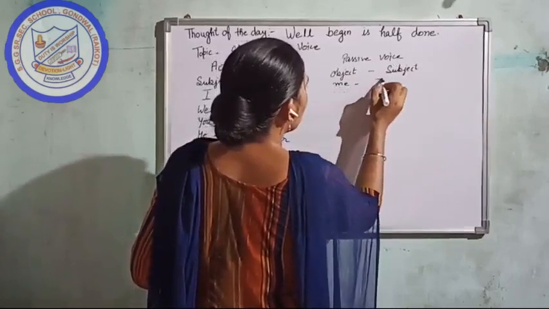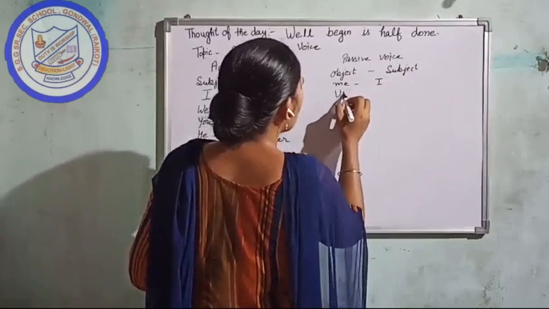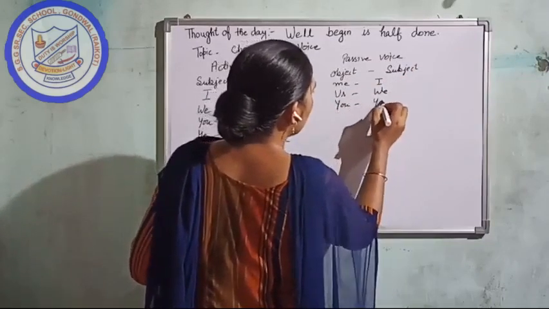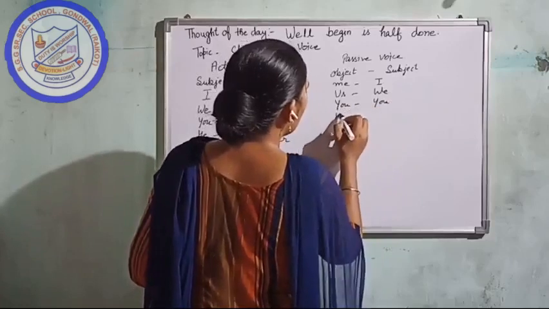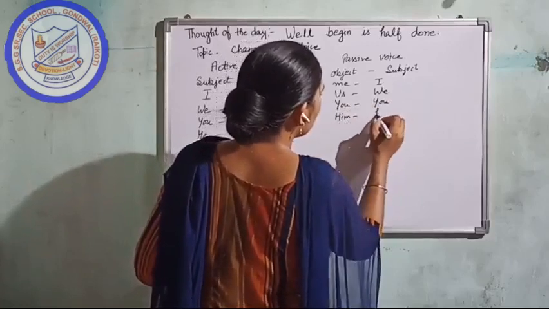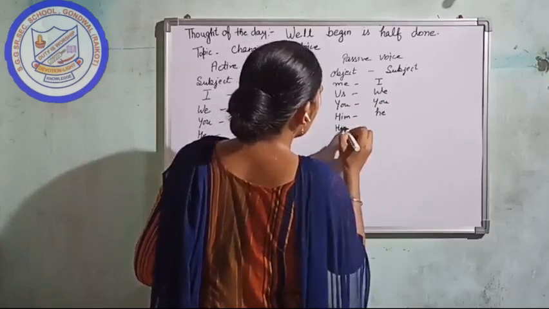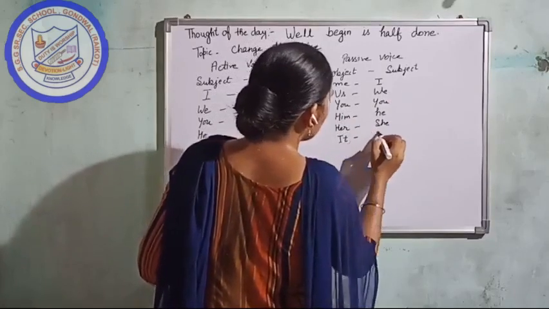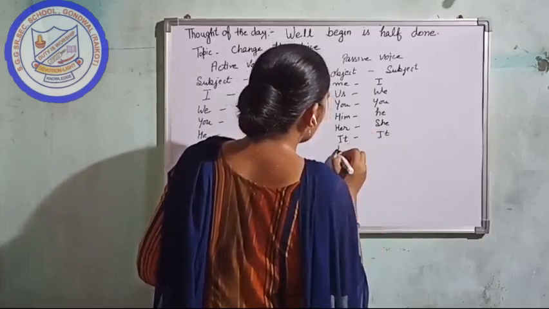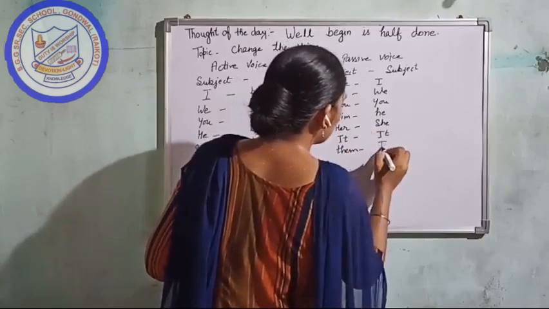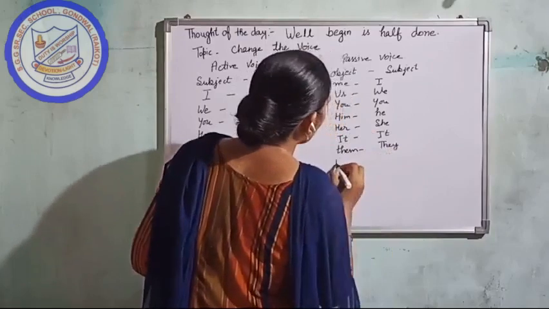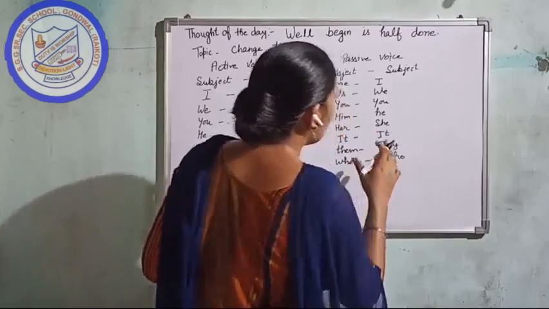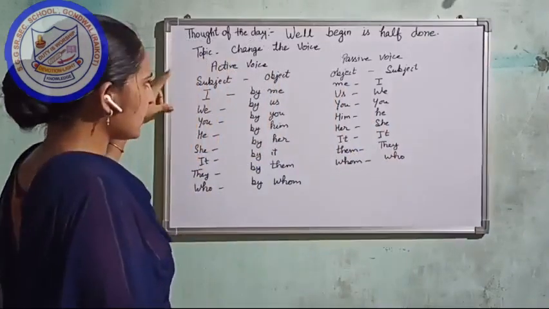Me, I, us, we, you, him, he, her, she, it will remain same, them, they, whom, who. Is it clear, students?